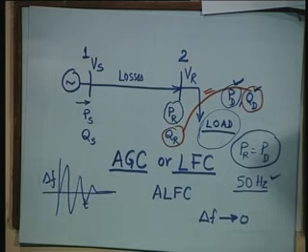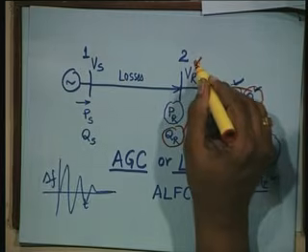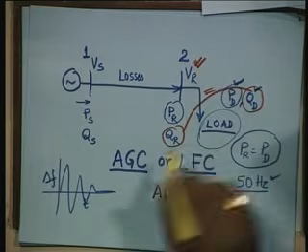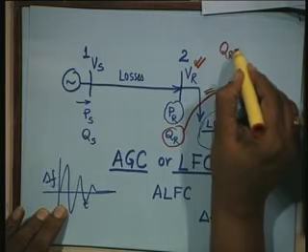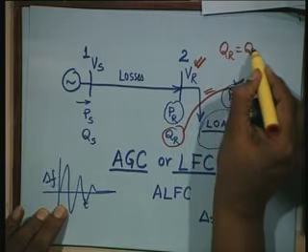This Q is connected with the voltage problem. Voltage will remain VR, whatever you want, as long as you ensure that your QR is equal to QD.